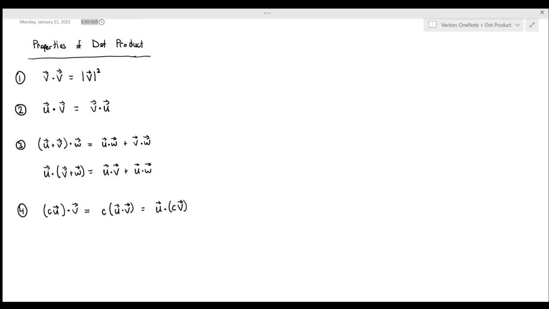So just as kind of like a quick example problem using these properties. Let's say we're given two vectors u and v. And let's say we know the magnitude of their sum.